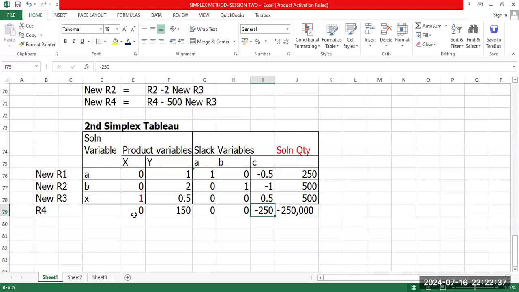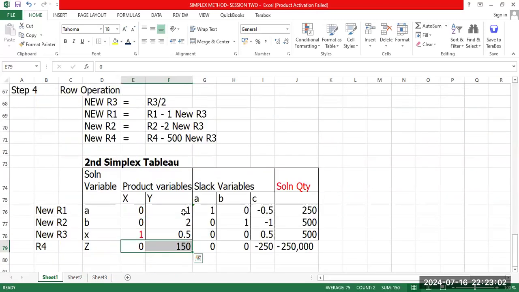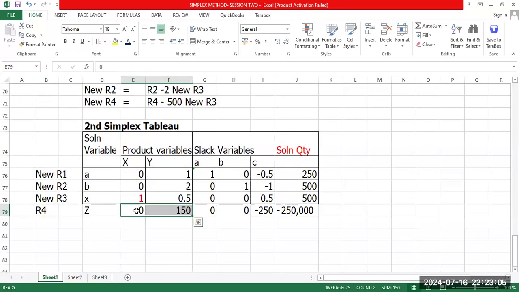Okay, colleagues. This would be our final tableau. But the fact that we still have a positive value on the product variable, we have to repeat the procedure. For us to confirm that we are done, we check the product variable to see whether we have 0 or negative values.